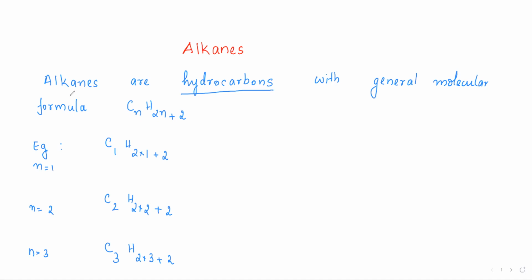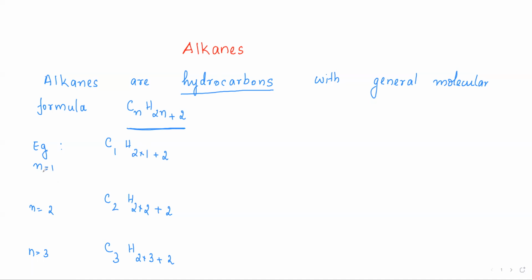So, alkane is one such hydrocarbon having the general molecular formula CnH2n+2. Now, what is the significance of this general molecular formula? Once you learn the general molecular formula, you can find out the molecular formula of any member in the homologous series of alkanes.